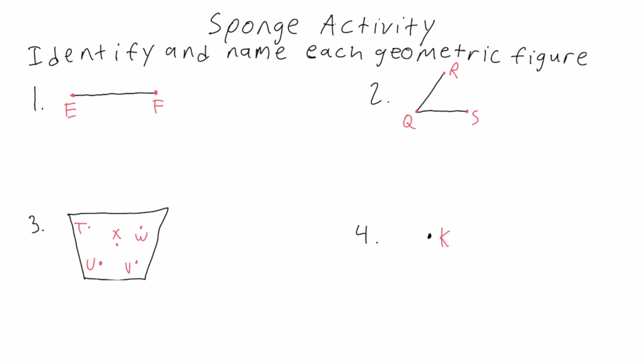So for this, they want you to identify and name each geometric figure. So what that means is, first, what kind of figure is it? Is it a line? Is it an angle? Is it a circle? What is it? And then name the geometric figure. So back when I showed you how to name them, name it like that.